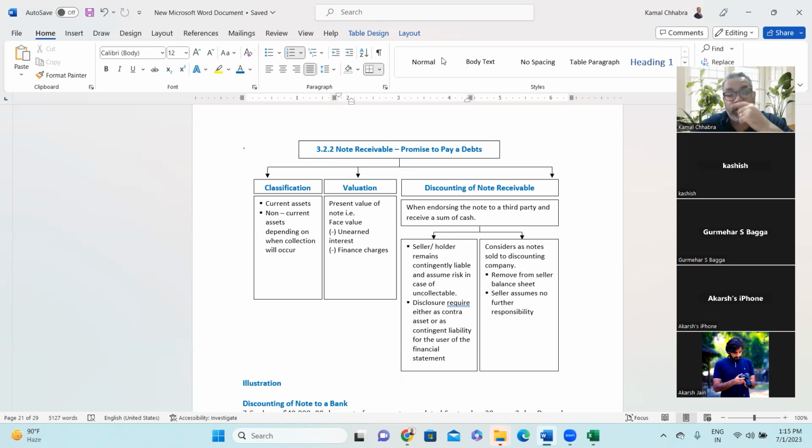Valuation, how do you do the valuation of note receivable? That's on present value. So notes are always valued at a present value, that is face value minus any unearned interest or finance charges.